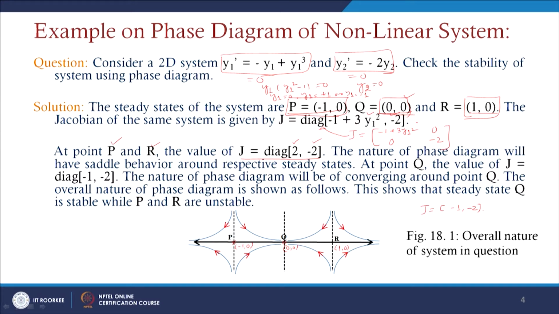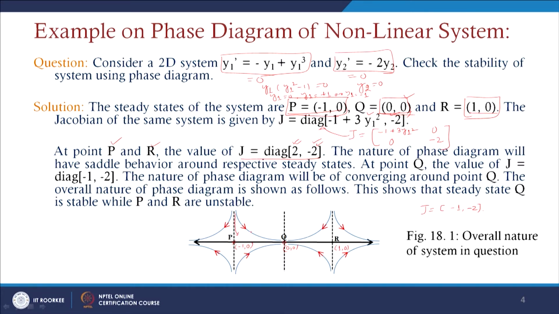So you have a positive value 2 and a negative value minus 2 here. Along the x axis the eigenvalue is 2, so trajectories deviate from that point. Along the y axis the eigenvalue is minus 2, so the points move closer towards the steady state.